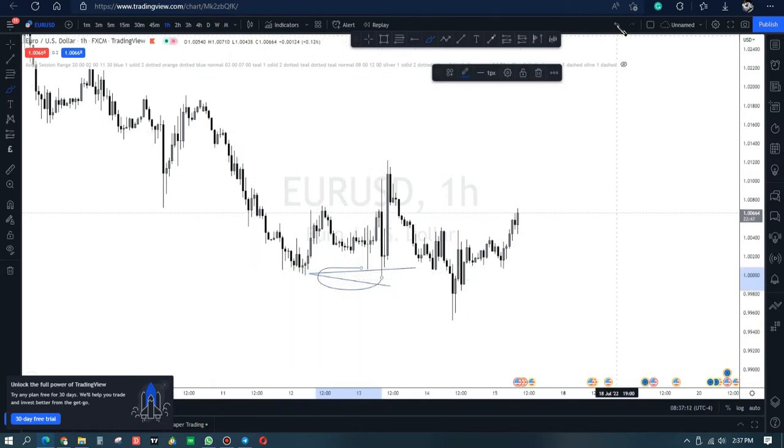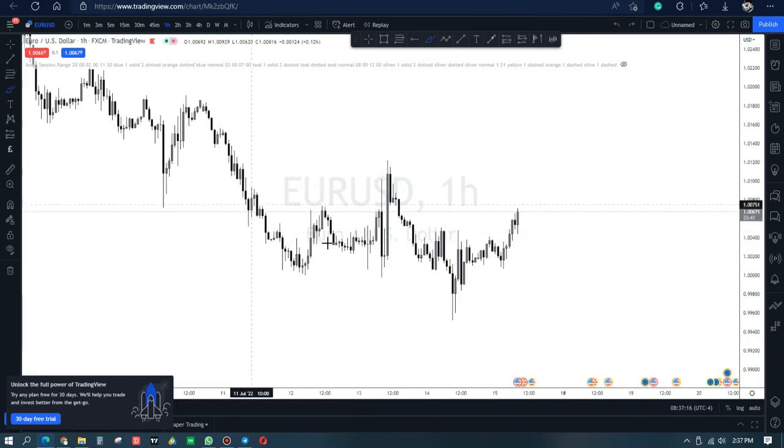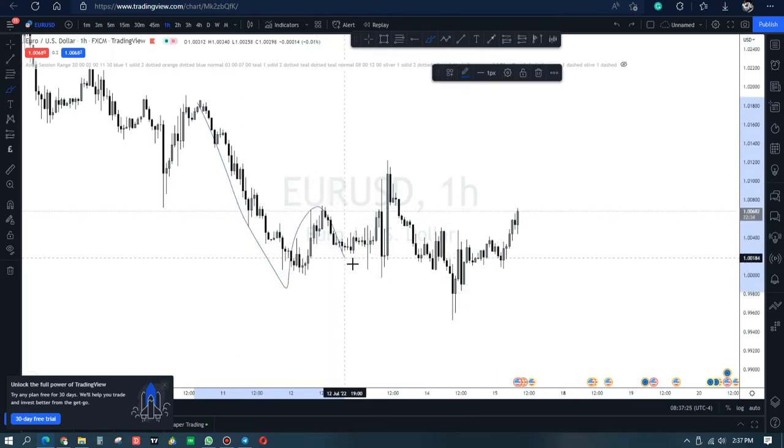So as you can see, this might actually look like a Wyckoff accumulation structure. What do I mean by Wyckoff accumulation structure? The price was plummeting from the bottom, then it started to take out highs. As we took out this high, we went back to take out this liquidity, which is in equal highs.